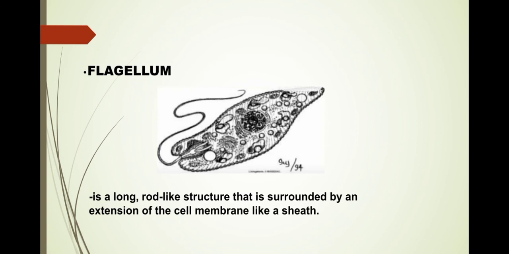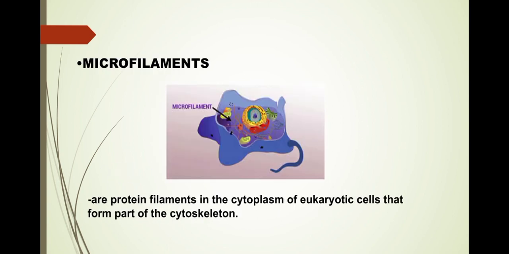Next one is the flagellum. Flagellum is a long rod-like structure that is surrounded by an extension of the cell membrane like a sheath. Next one is the microfilaments. Microfilaments are protein filaments in the cytoplasm of eukaryotic cells that form part of the cytoskeleton.